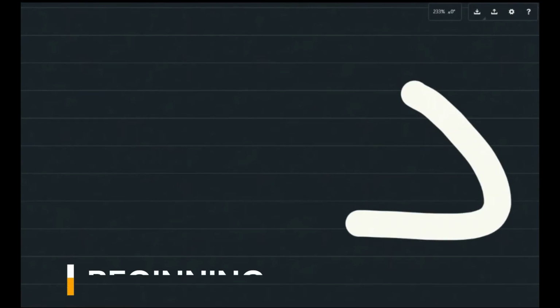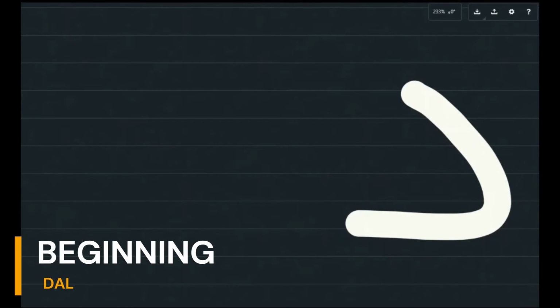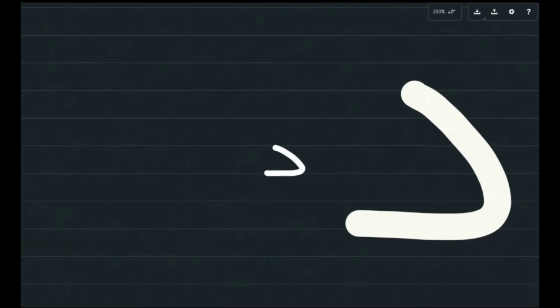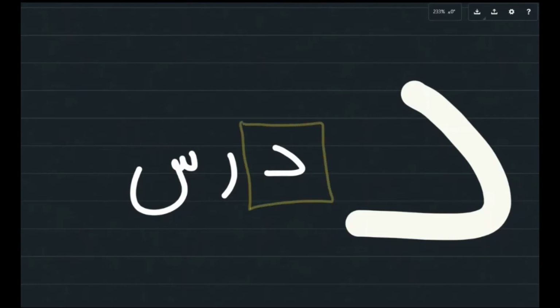This is letter dal in the beginning form. The example of dal in the beginning form. This is dal in the middle form.